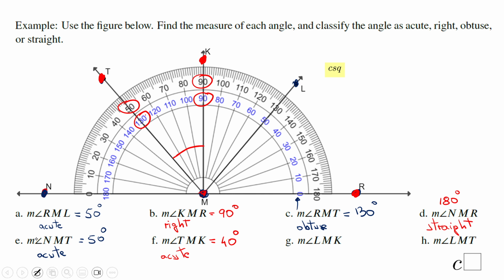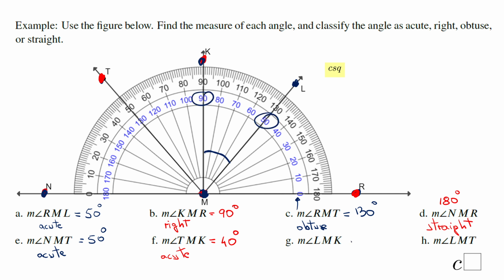Let's take a look now at the next one, but let me erase this marking, and we have the angle LMK. LMK. Okay, this angle. How much is going to be this angle? We notice 90 here, 50 here.